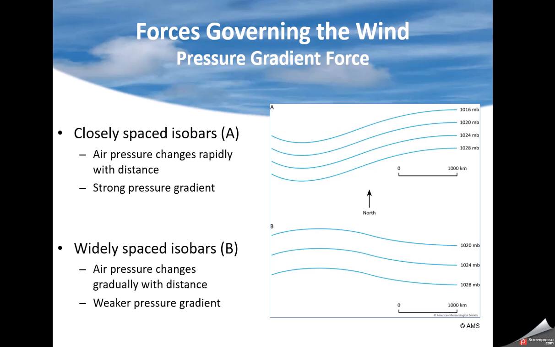The greater that force is, the tighter the pressure gradient. So in other words, if I have a bunch of isobars all tightly packed, that's a very tight pressure gradient. If I have one go 1,000 miles, it's not a very big pressure gradient. So the pressure gradient force is based on how closely together these isobars are.